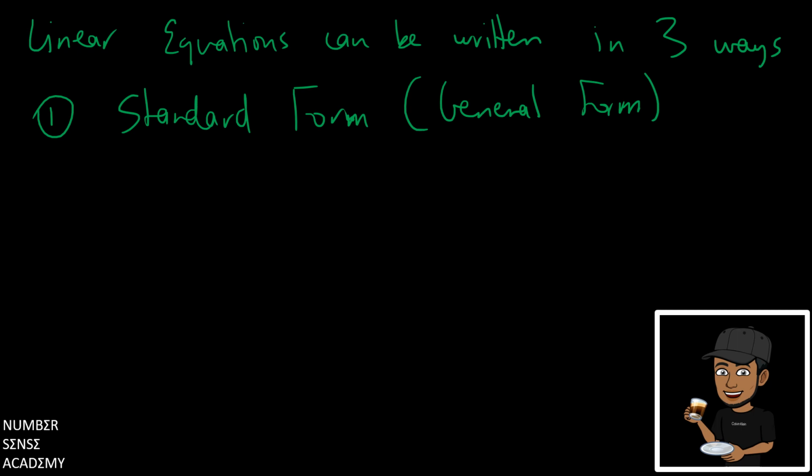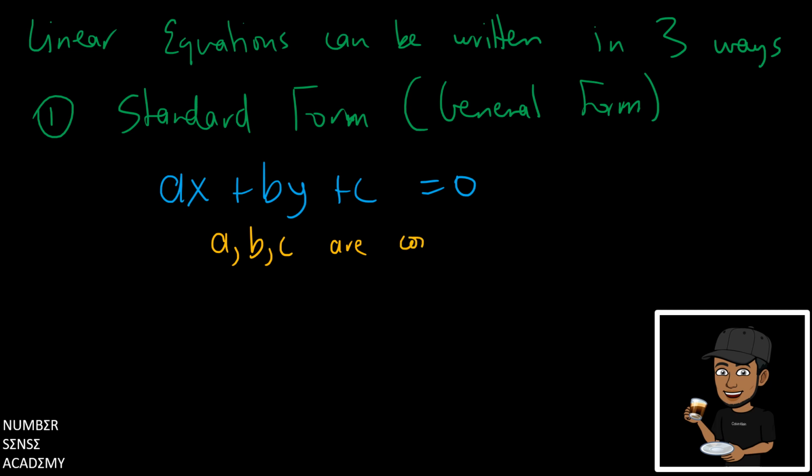What that looks like is ax plus by plus c equals 0, and a, b, c are constants. If they're not constants, then we're in a situation where the degree of each term is more than 1. So a has to be a constant, a number or a fraction or an integer, whatever you want. b has to be a constant, and c has to be a constant. So that's one way of writing it.